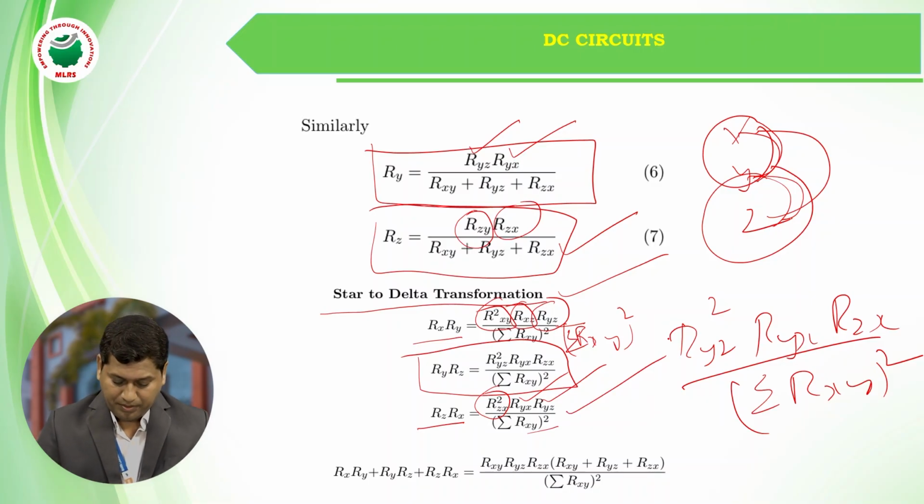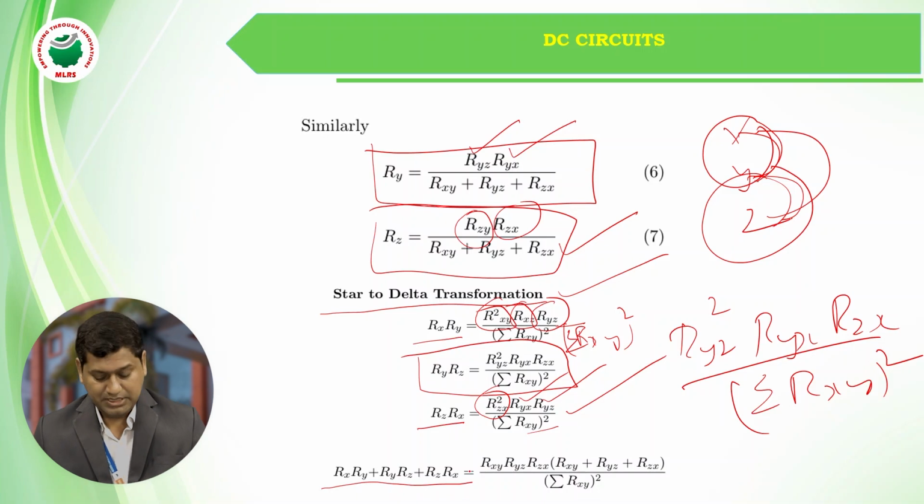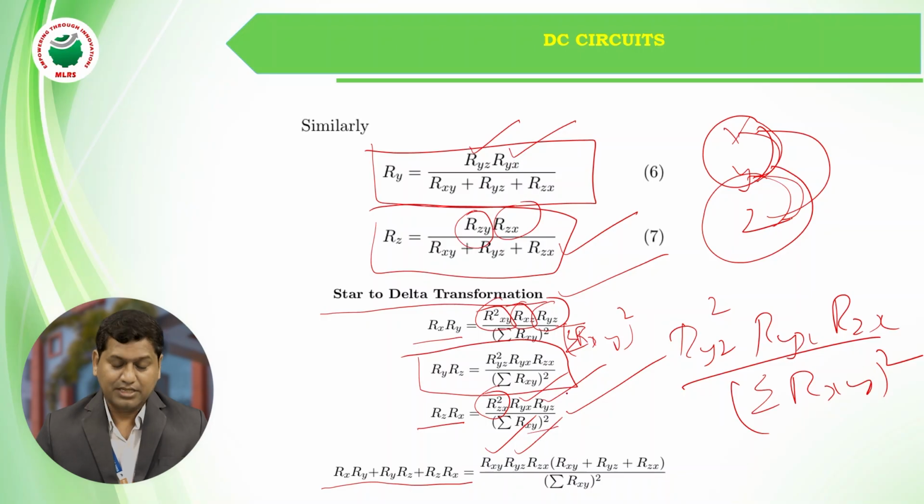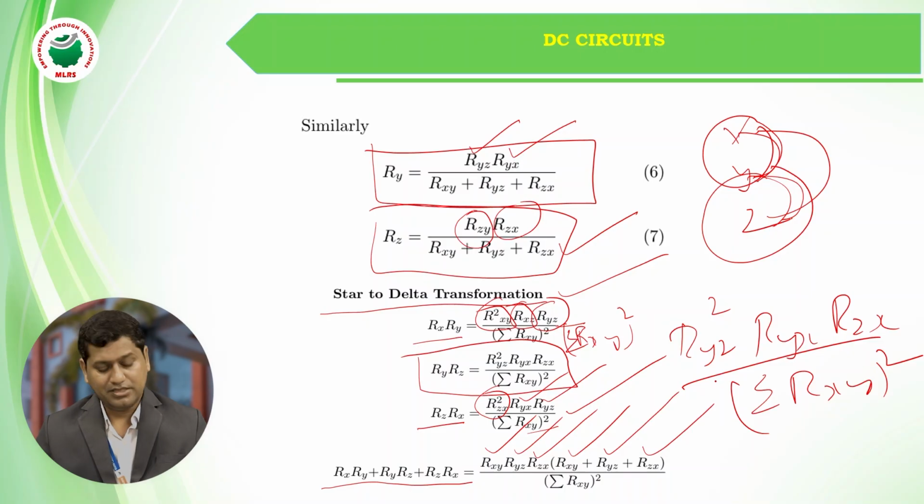So by adding these, RxRy plus RyRz plus RzRx is equal to Rxy Ryz Rzx multiplied by (Rxy plus Ryz plus Rzx) divided by the algebraic sum of Rxy square.